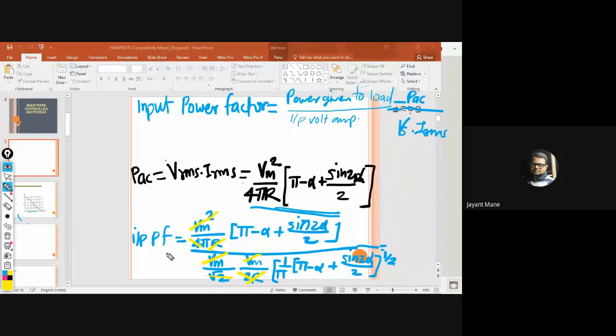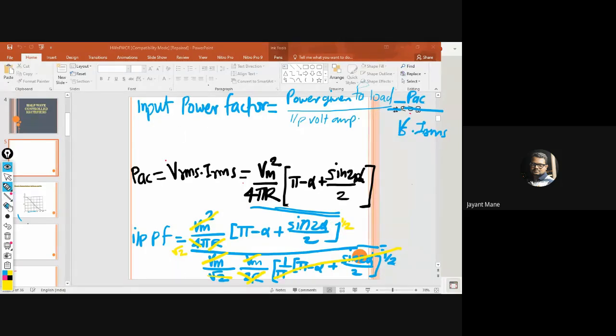All this will get cancelled and there will be just 2 root 2 or root 2 remaining. And here this whole bracket will be going and this will remain.